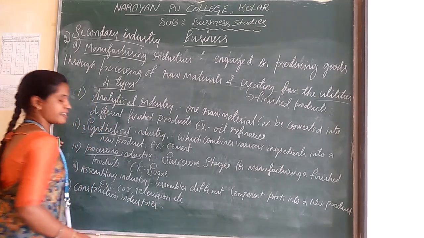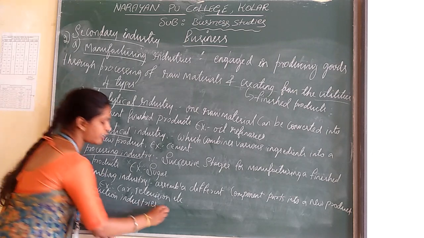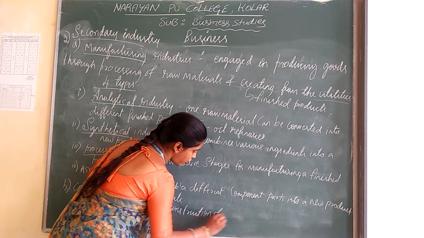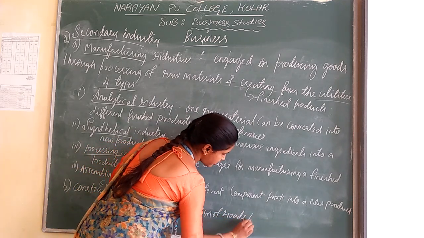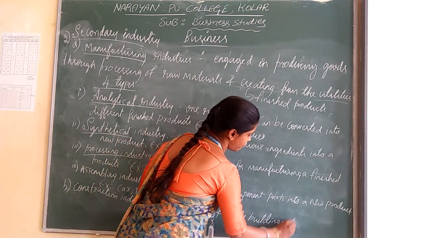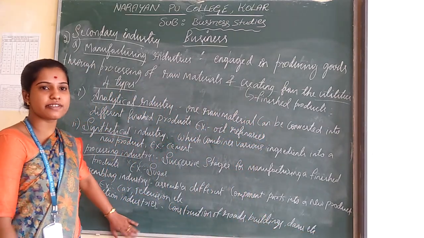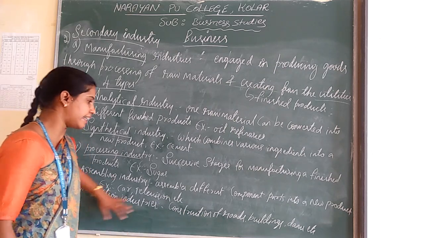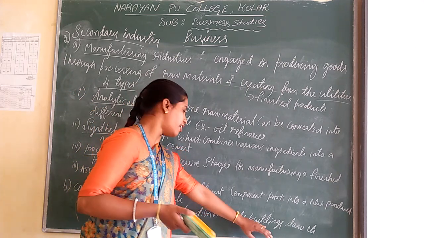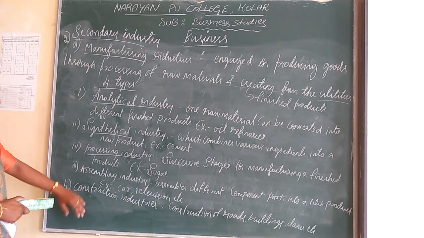The construction industries are those industries involved in the construction of roads, buildings, dams, etc. Architectural skills are the best example for construction industries. So everybody got the meaning of construction industry.